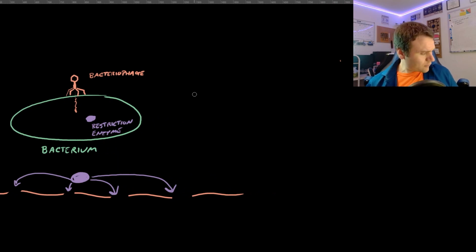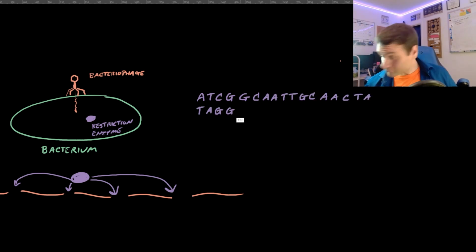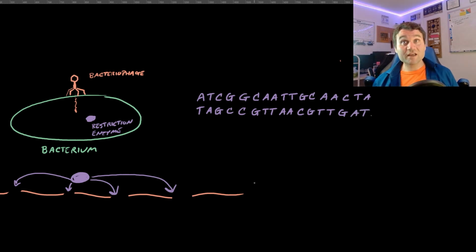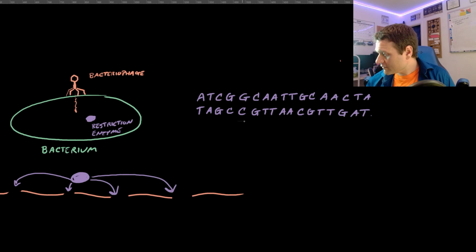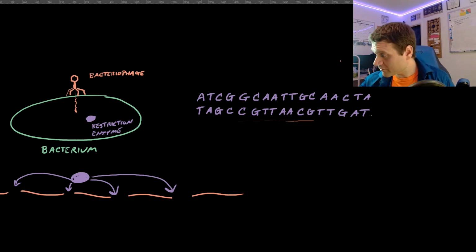We found out that if you have a section of DNA like this, the place where the restriction enzymes will cut is very particular. It will find sections of DNA like this, which are what we call palindromes.